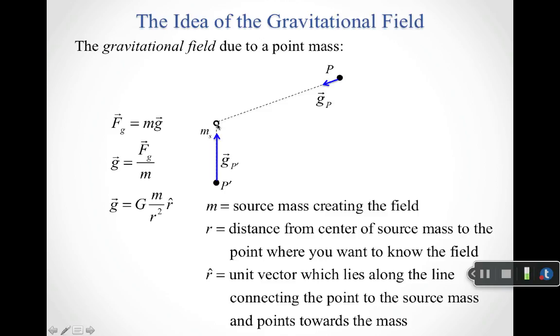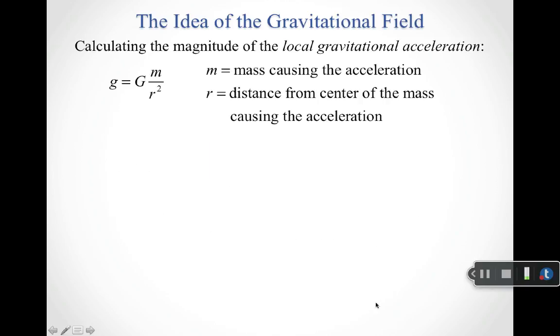So put any mass here at point P, it's going to be attracted to the source mass. That tells us that the gravitational force is going to point towards the source mass. Since mass is positive, the gravitational field must point in the same direction. So this is why we know that r hat, in the way that we're defining r hat in this particular equation, is always going to point towards our source mass.